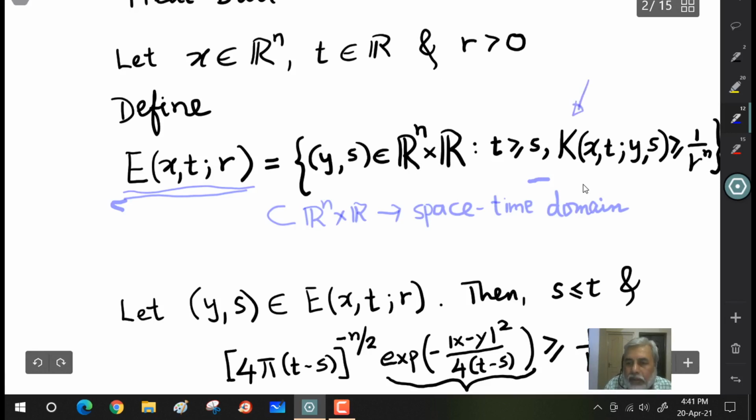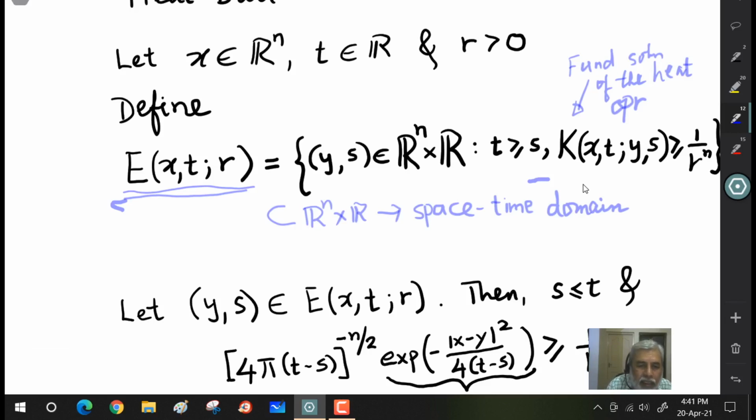So this set is defined in terms of the heat kernel, the fundamental solution, and this is referred to as the heat ball.